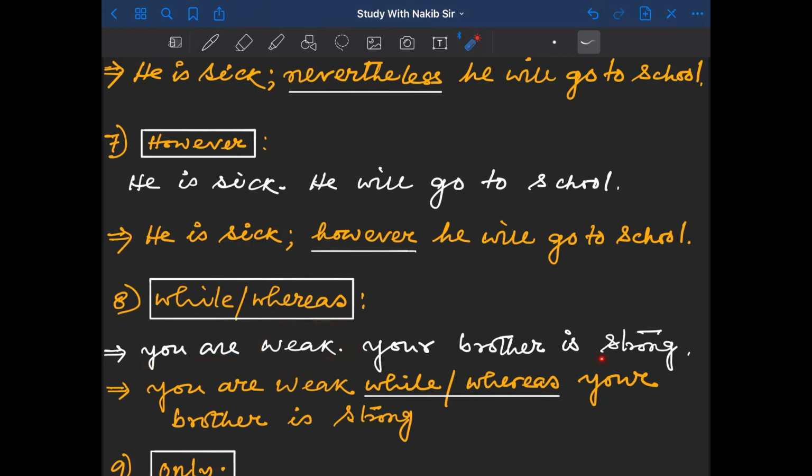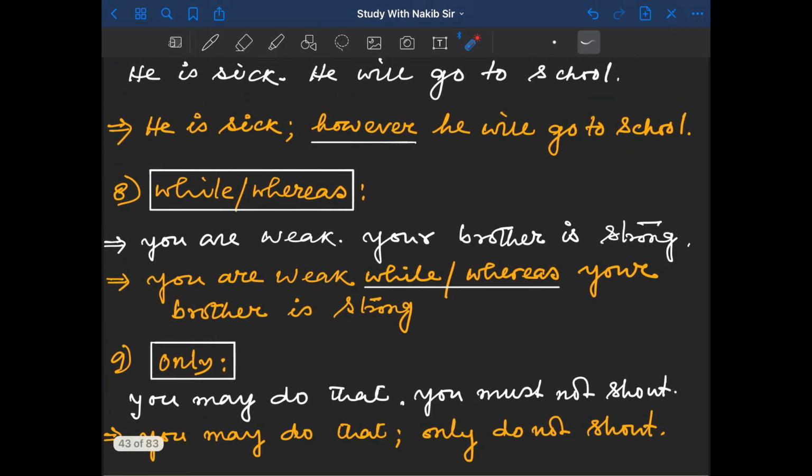Your brother is strong. See, opposite idea, weak and strong. Okay, opposite idea, contrast. See how these two sentences are combined here. You are weak, while or whereas your brother is strong. So your combined sentence may be like this. You are weak while your brother is strong, or you are weak whereas your brother is strong.